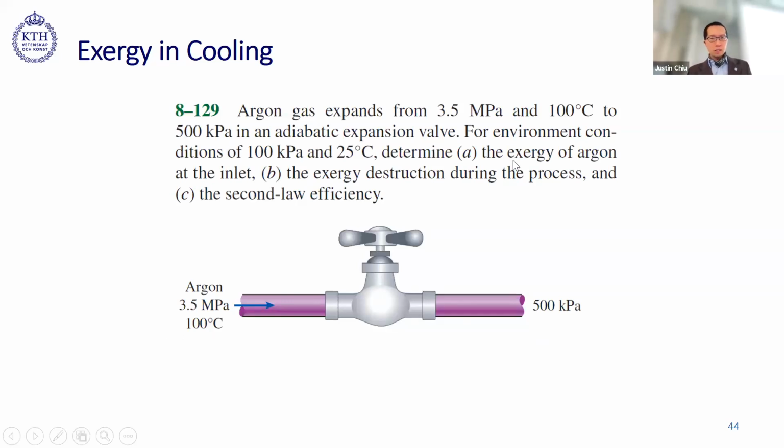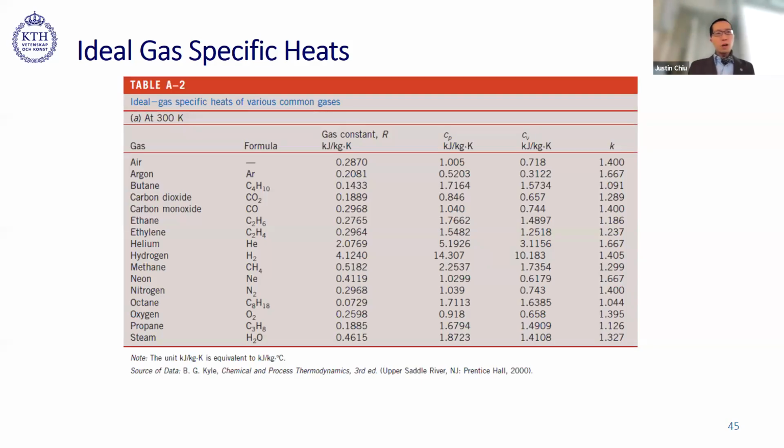So here, question A is the exergy of argon at the inlet. And then B, destroyed exergy. So if you go from this to there, under this condition, there will be a destroyed exergy. And then also the exergy efficiency. So basically the exergy efficiency is exergy minus the destroyed exergy divided by the exergy potential. So let's do this.